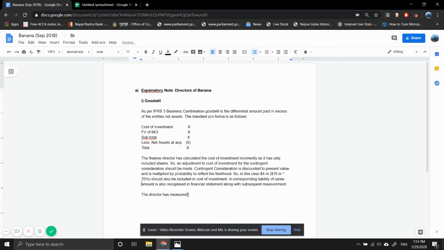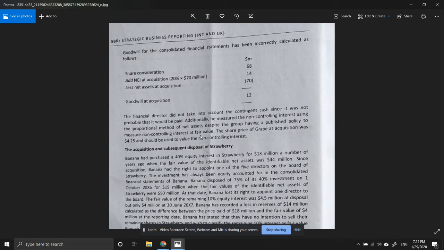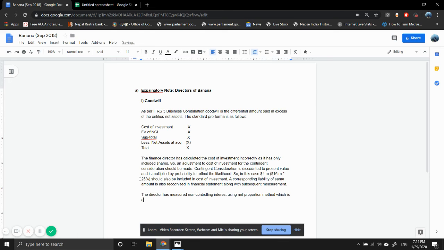That is against the company's policy, which is against the group policy.